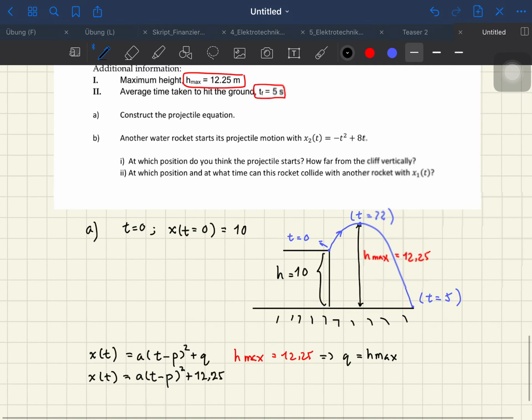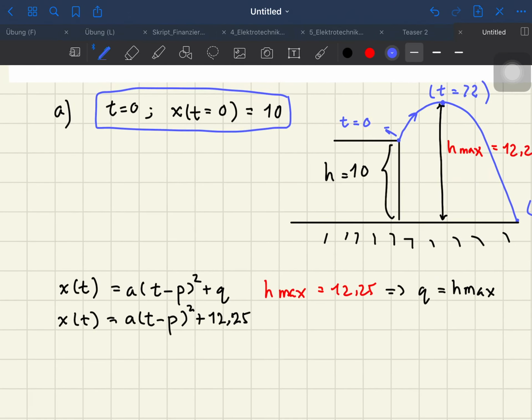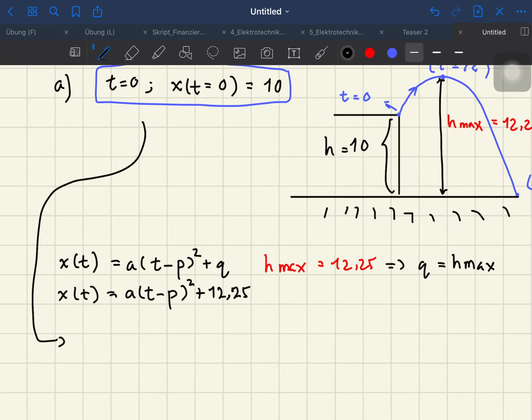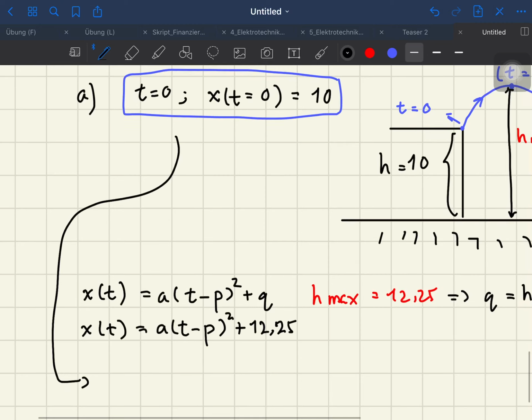So how are we going to solve for this? In the beginning, I mentioned that when t equals 0, x equals 10, so we just substitute this. We use this idea in solving for a and p, but this is just one of the equations. Later we will use another one, which I will mention later.